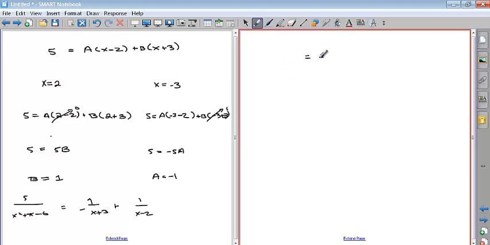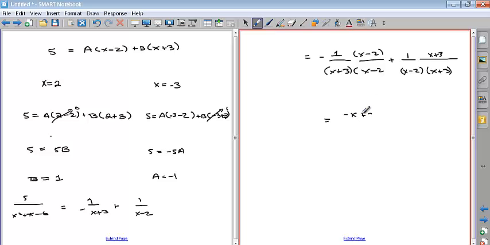So you do that by saying, okay, well, I need to find a common denominator. So I'm going to multiply by x minus 2 and divide by x minus 2, and then the second term, which is plus 1 over x minus 2, times x plus 3 over x plus 3. And in the numerators we're going to have negative 1 times x, which is negative x, negative 1 times negative 2, which is positive 2.